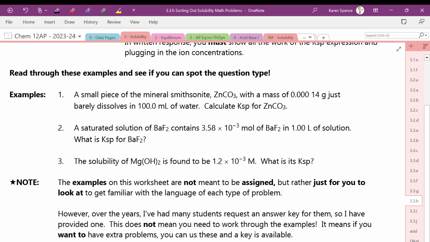A small piece of the mineral smithsonite, ZnCO3, has a mass of 0.00014 grams and just barely dissolves in 100 milliliters. Calculate the KSP. Would you know what to do with that question?